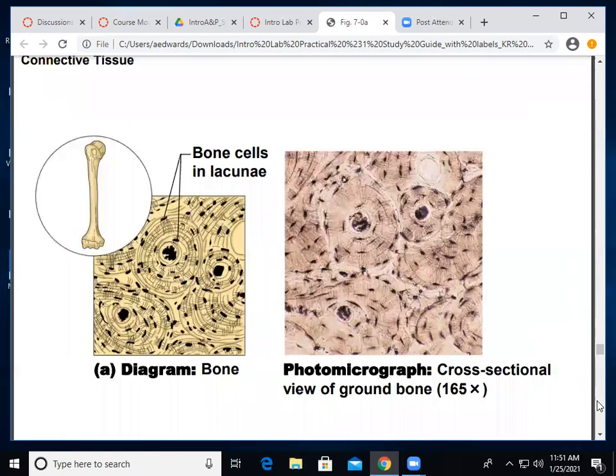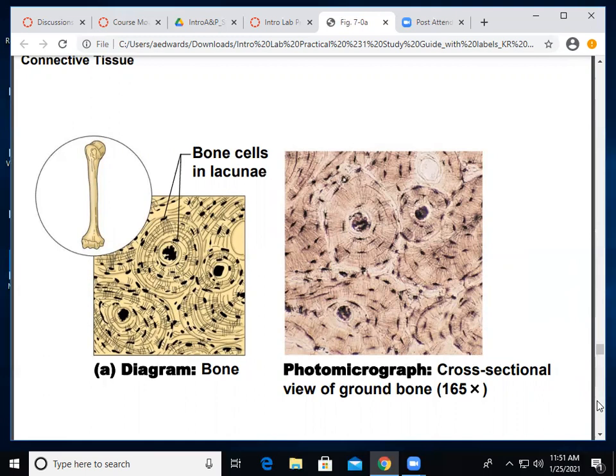If you slice open a tree, that's bone, okay? Now, you have bone cells, called osteocytes, and they live in these little spaces in here, these little dark spaces called lacunae. Those little spaces are called lacunae.